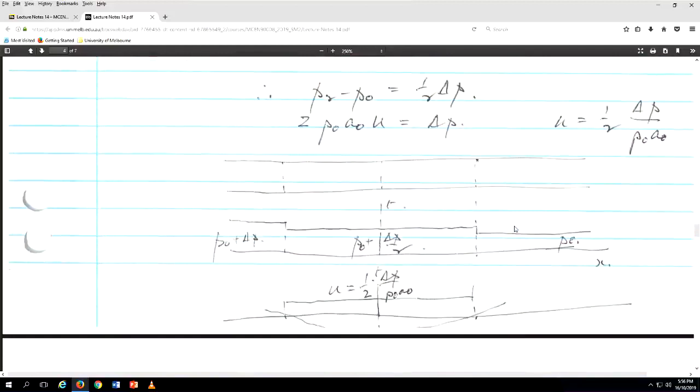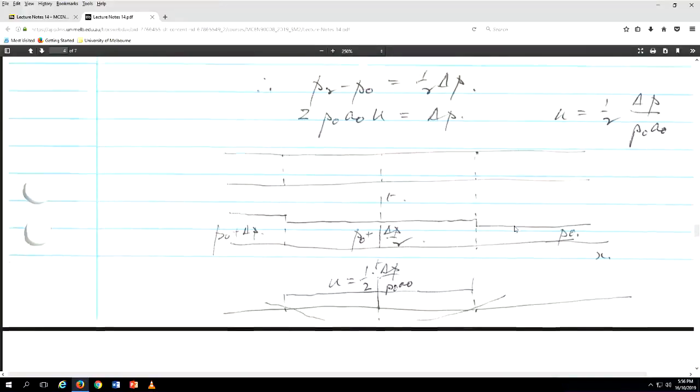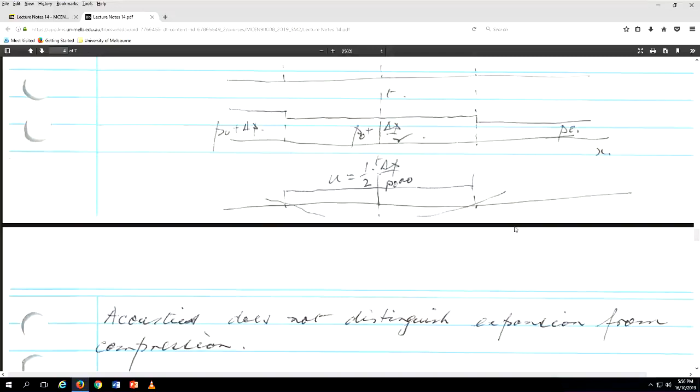So here's my XT diagram. Everywhere in this region here, the velocity U is a half delta P over rho naught A naught. Everywhere in here, the velocity is to the right.